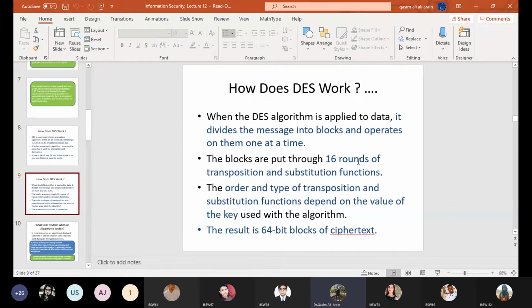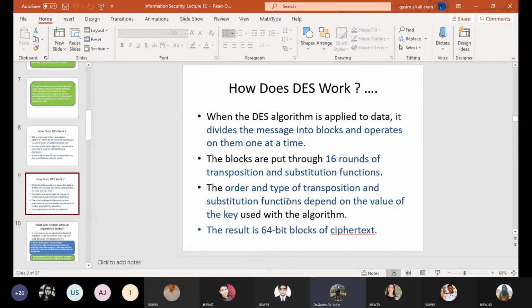So your ciphertext is created by 16 rounds of transposition and substitution functions, and then your data is encrypted, right? The order and type of transposition and substitution functions depend upon the value of the key used with the algorithm. If you have a larger key size, more transposition and substitution functions will be performed and your data will be more secure.